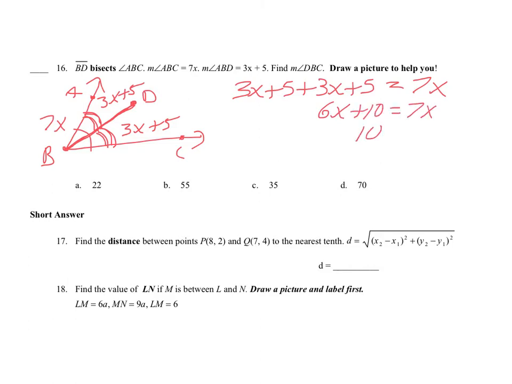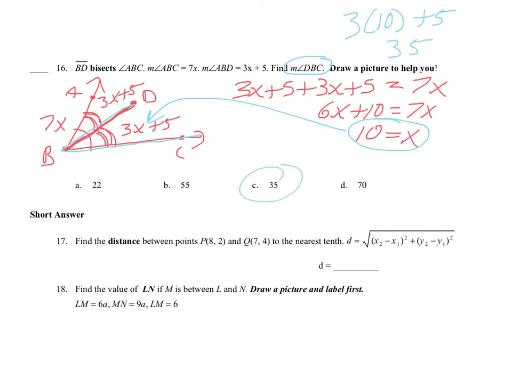Subtract 6x, and we find that x is equal to 10. Well, it says find the measure of DBC. This is DBC, so we take this 10 and plug it in for x. We take 3 times 10, plus 5. 30 plus 5 is 35. C is my answer.